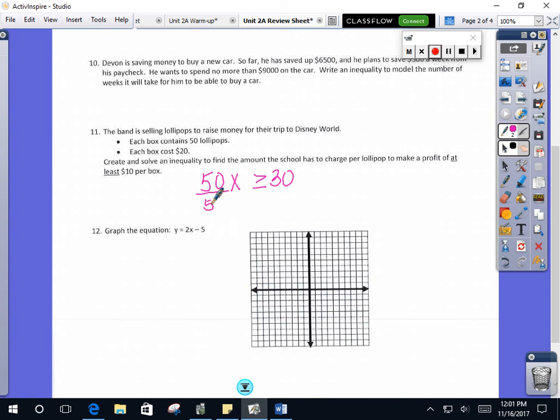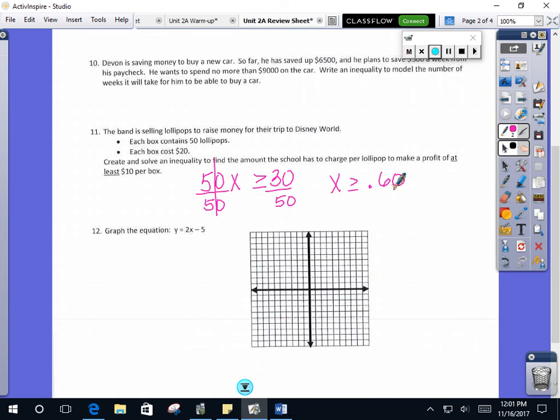Divide by 50, divide by 50, and so the price of each lollipop needs to be greater than or equal to 30 divided by 50. 0.6, which would be 60 cents each, right? 60 cents each.